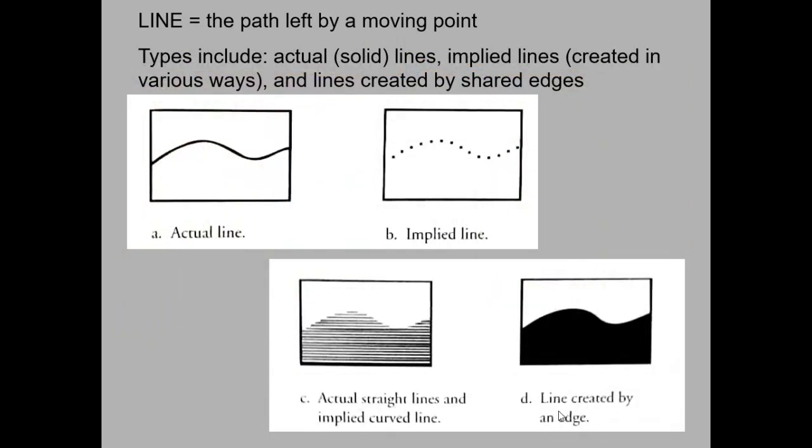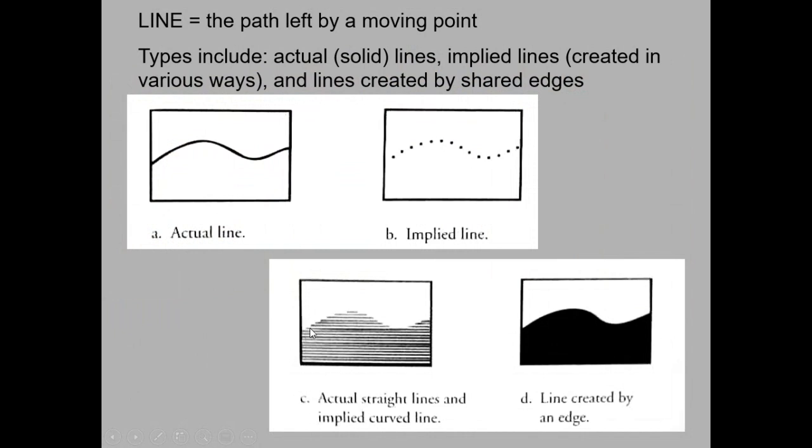So line can be made in a lot of different ways. We could define it simply as the path left by a moving point. So we have a variety of actual lines, solid, real, observable lines. More frequently, though, you'll find that artists often like to play with these implied lines, where your eye follows a series of dots and creates a line even though it isn't actually physically there.